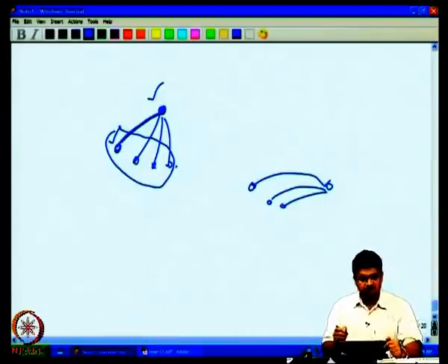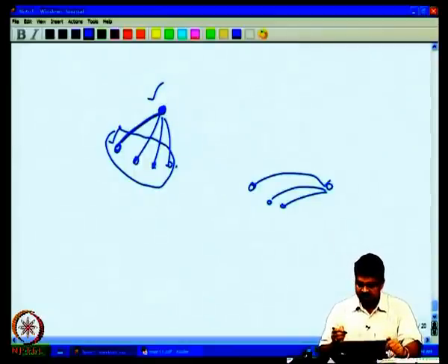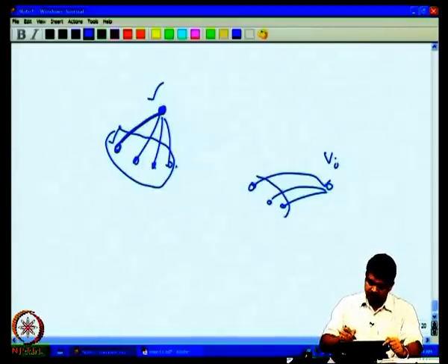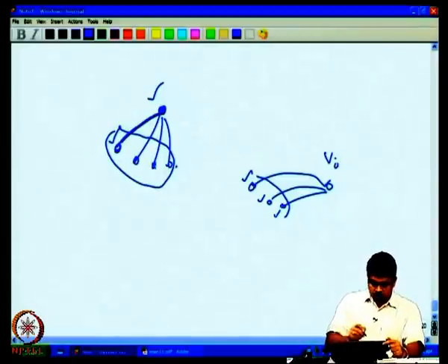So, of course, I will be trying to pick up an ordering in such a way that every time I consider vertex Vi, the ith vertex, the number of neighbors of Vi which are numbered lesser than i is as small as possible.